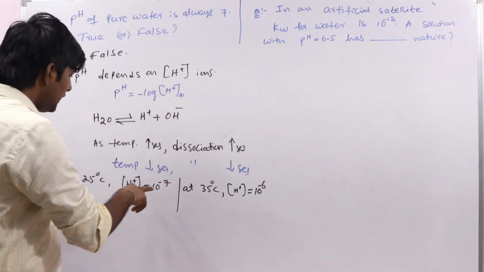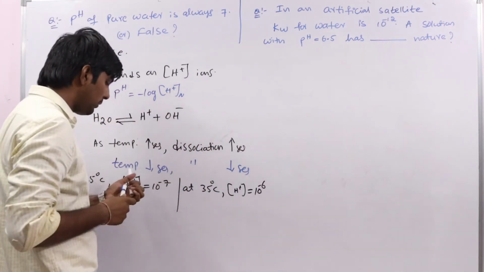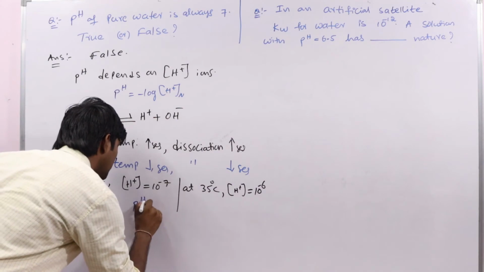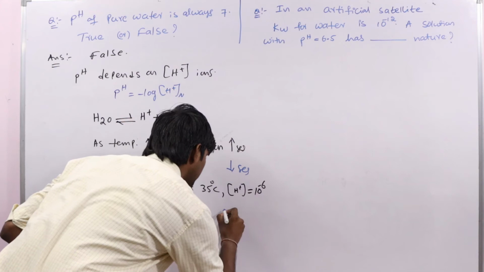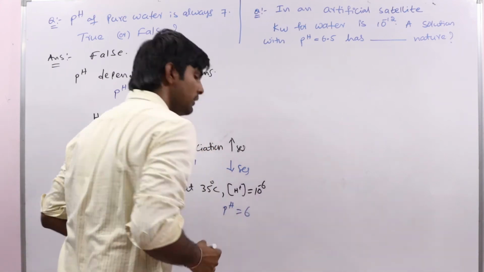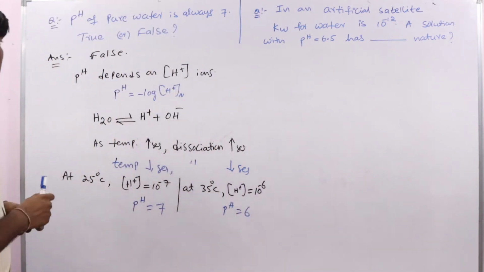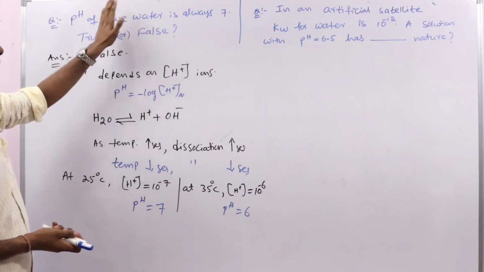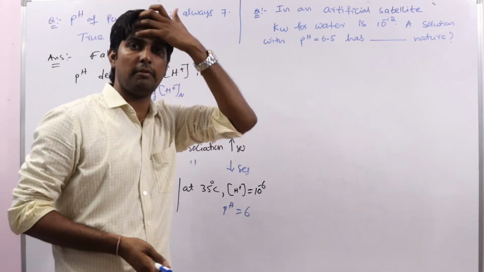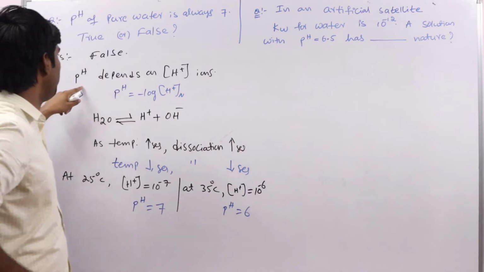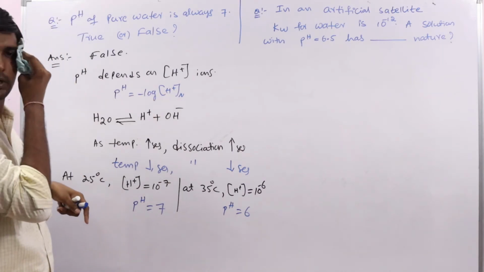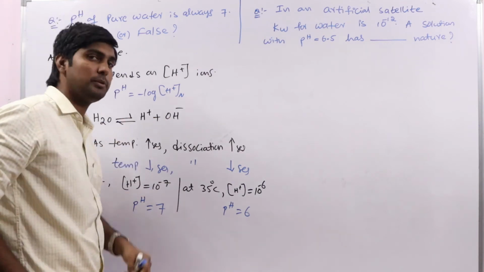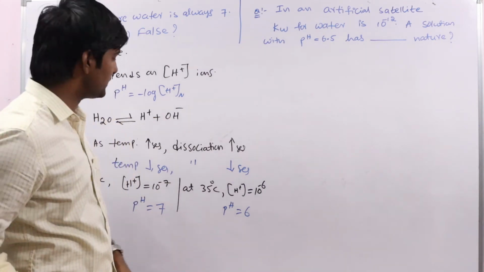Here H plus ion concentration 10 power minus 7 means the pH we get is 7. For the same pure water at this temperature, the pH we get is 6. Yes or no? So that's why for pure water pH is not always 7. That depends on the temperature, because pH depends on the H plus ion concentration, and the H plus ions present in the water depend on the temperature.